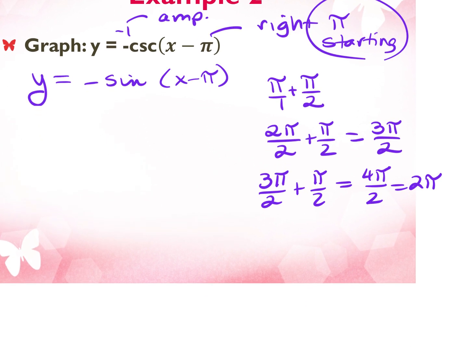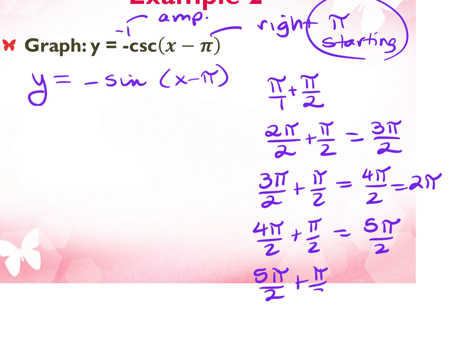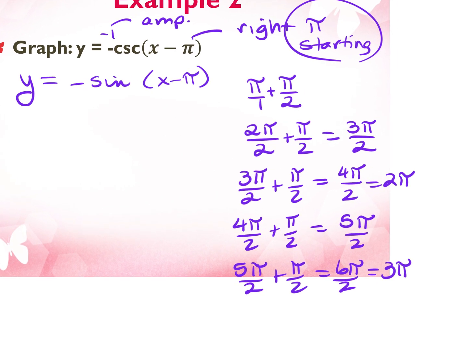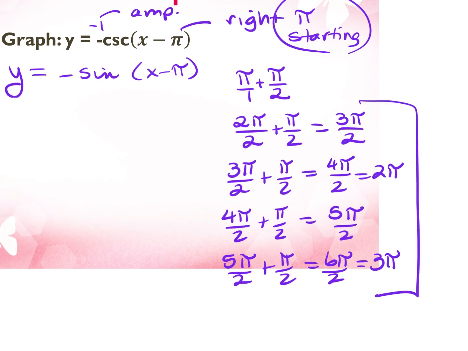And then I'm going to take the unsimplified, because I'd have to go back and find a common denominator anyways, 5 pi over 2, and I need to do it one more time. 5 pi over 2 plus pi over 2 is 6 pi over 2, which equals 3 pi. So these are going to be my 4 key points to the right of pi, which is where I'm starting.